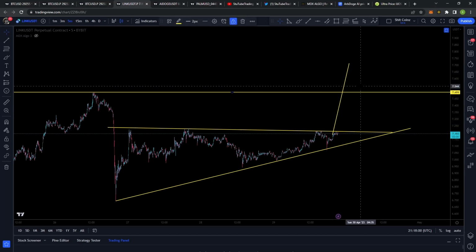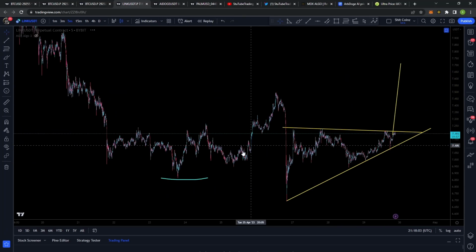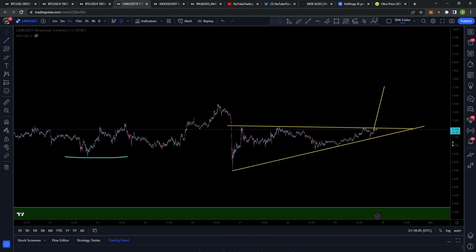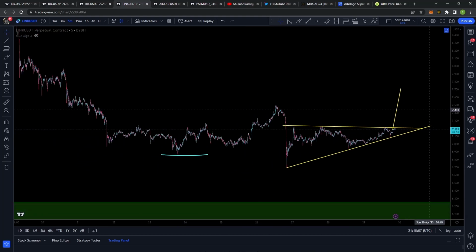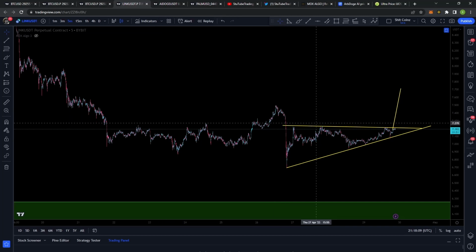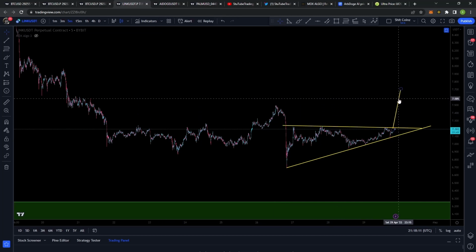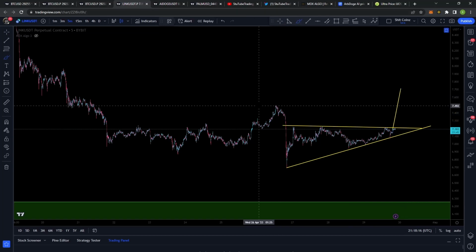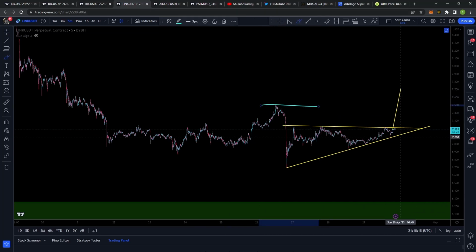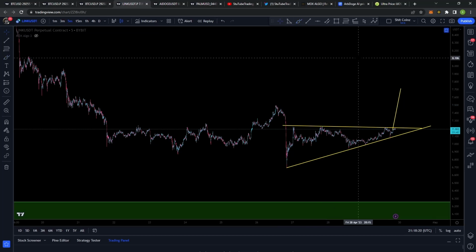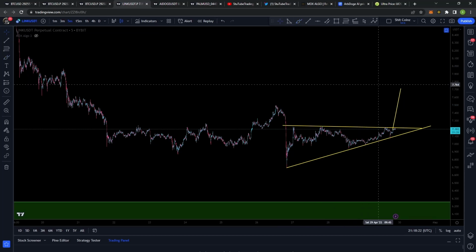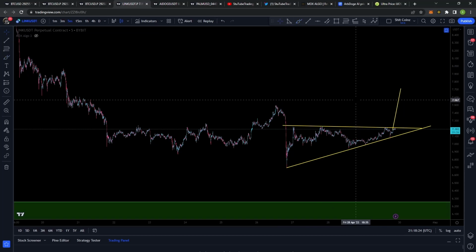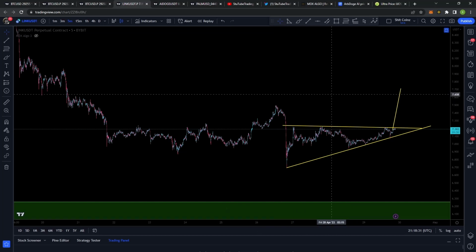If that is going to play out like an ascending triangle, that could start a very nice little uptrend for the midterm. Again, it's only a 5-minute chart pattern here, but the measured move would then break us out of this resistance here, and then we'd have to see how the structure forms from there. But as long as you kept setting higher highs, confirming those higher lows like I was talking about earlier, then that could be in a very nice position if we get a break to the upside out of this triangle here.